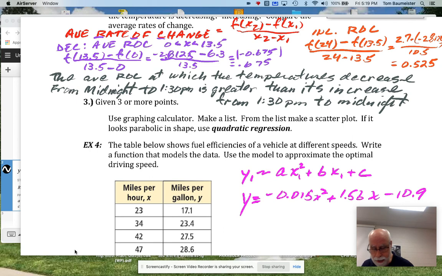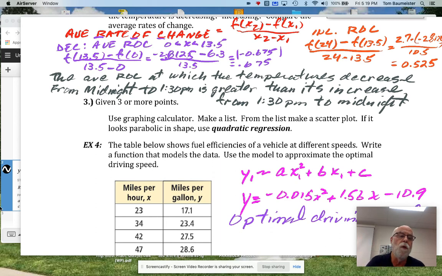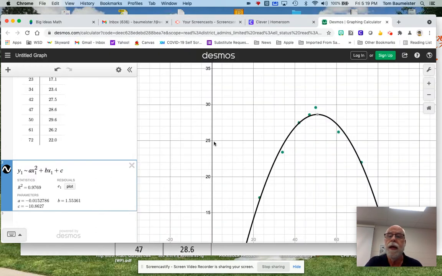And then they are asking us, what is our optimal driving speed? So our optimal driving speed is, if we go back to here and we see what is our optimal driving speed, it is going to be our maximum this time.